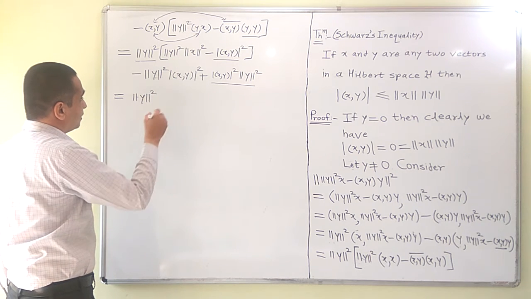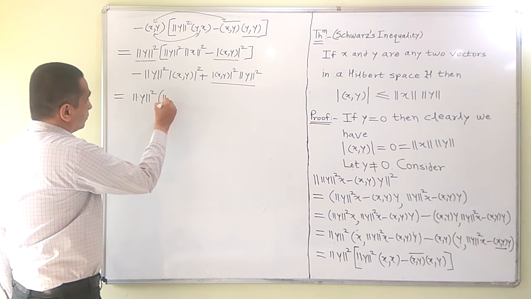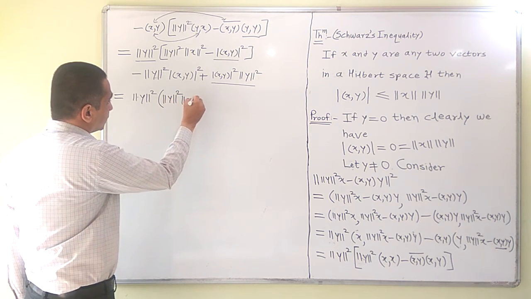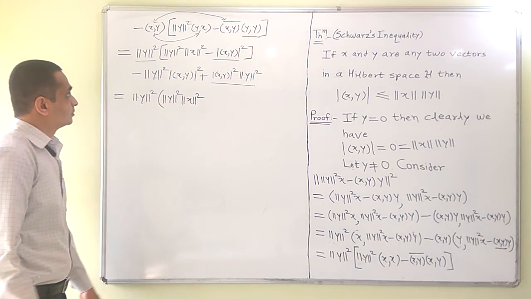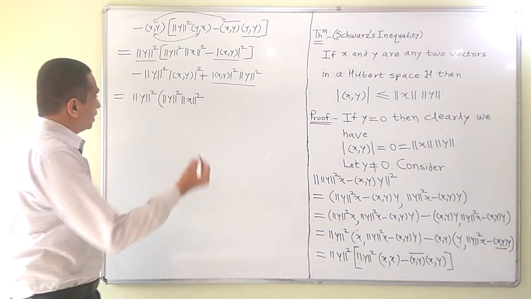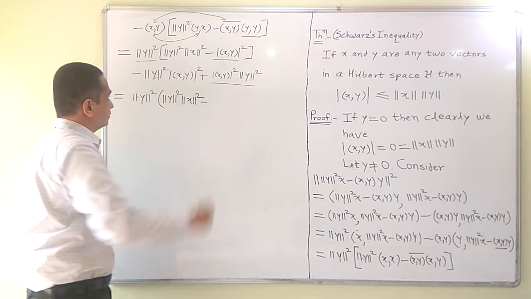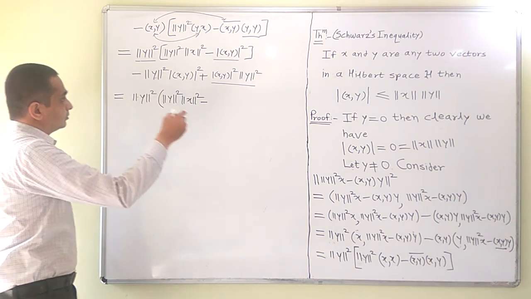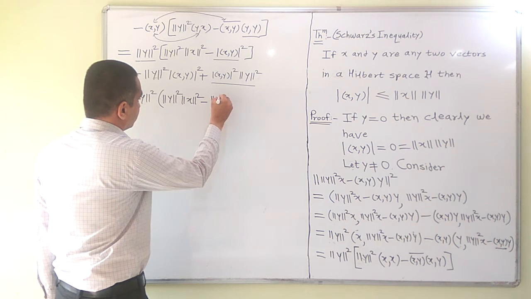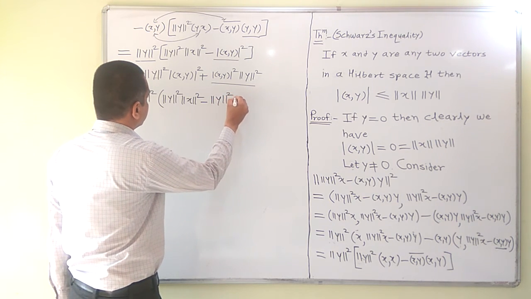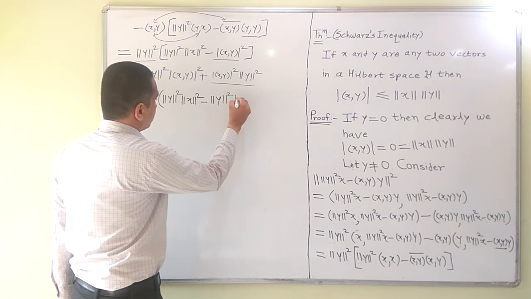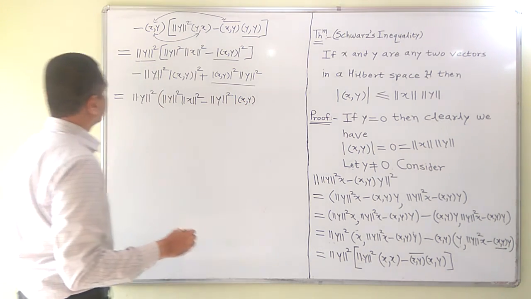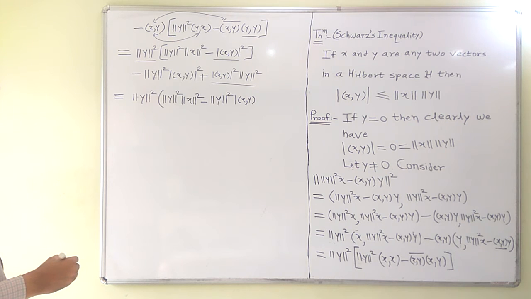This term we are left with norm y square into norm x square, minus this term norm y square into mod xy square.